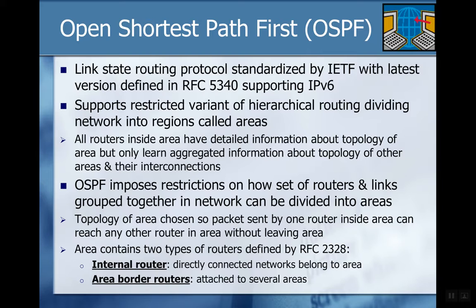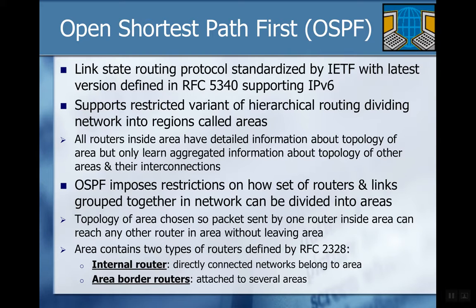OSPF, another routing protocol. In this case, it uses what we call a link state routing protocol. The idea is that it will chop the network into what it calls areas.